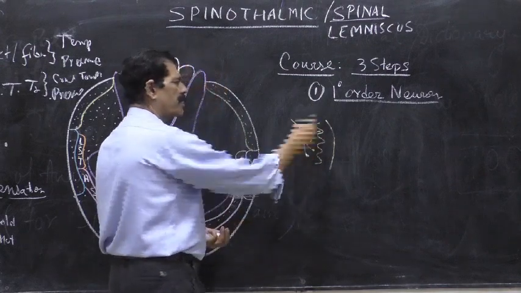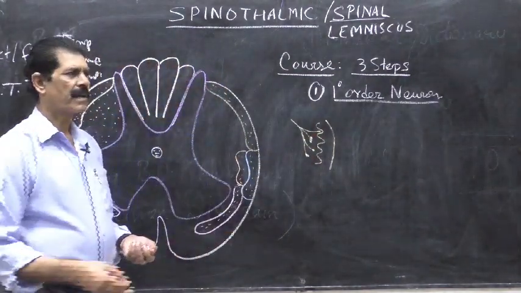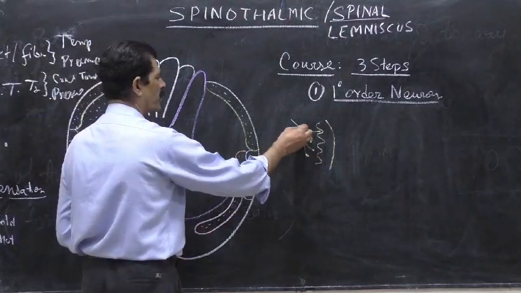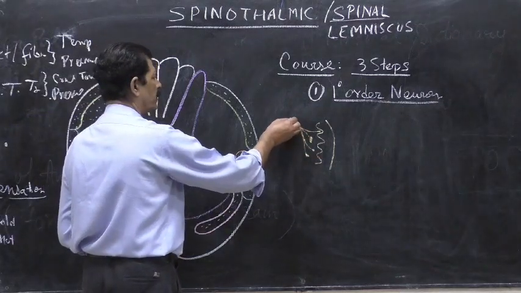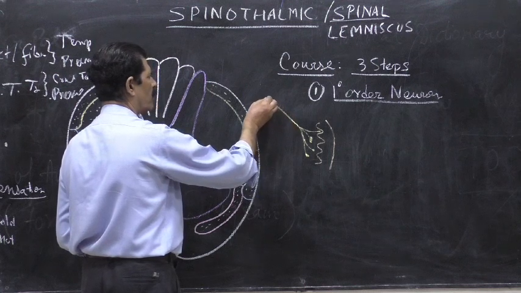So all these receptors are present in the dermis. So the axon will start from the dermis of the skin, and this nerve is the first order neuron.